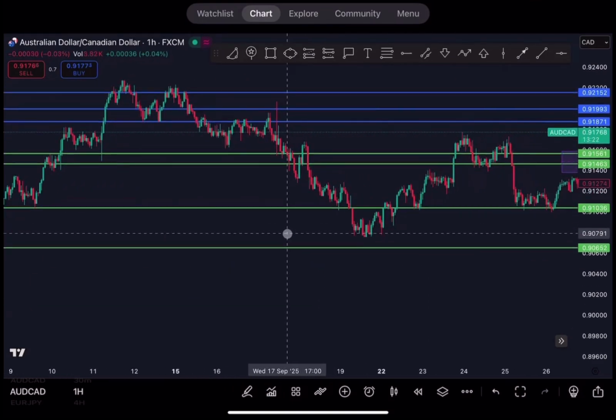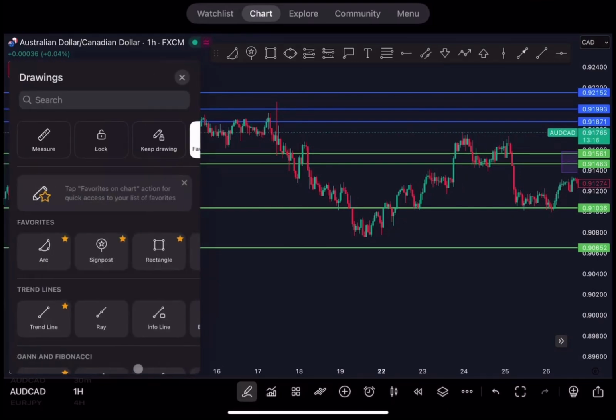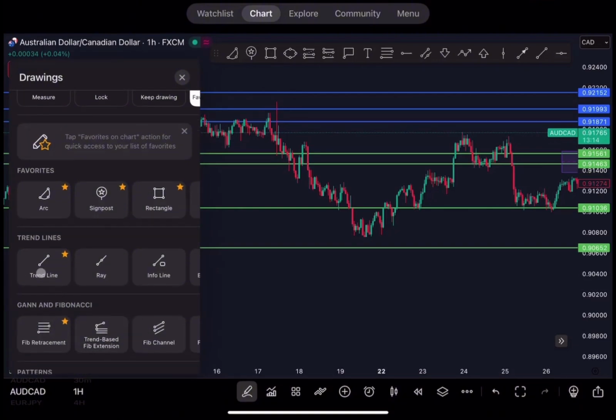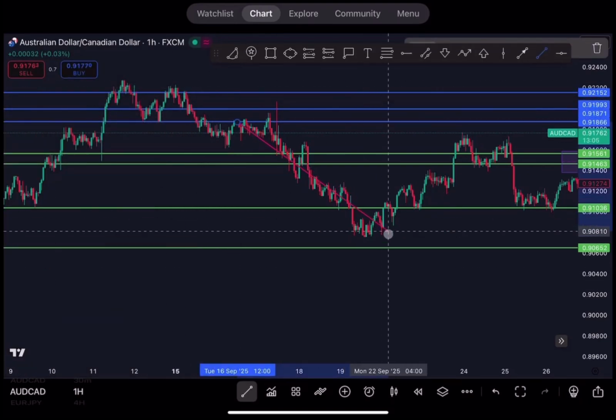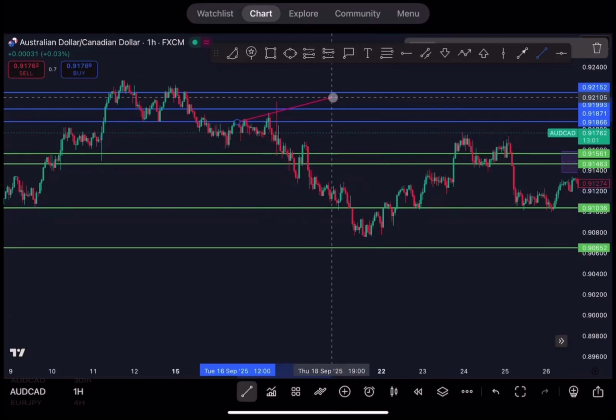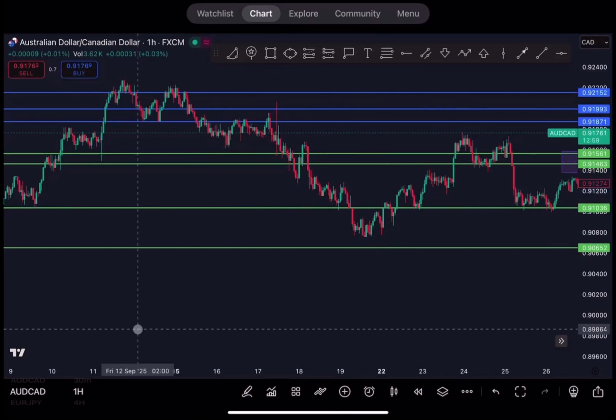Maybe here. Let's see. In order to use the trend line on your chart, you have to go to your tools, and you have a section with lines titled trend lines. And the first tool should be the trend line. Oops, I'm doing this wrong.